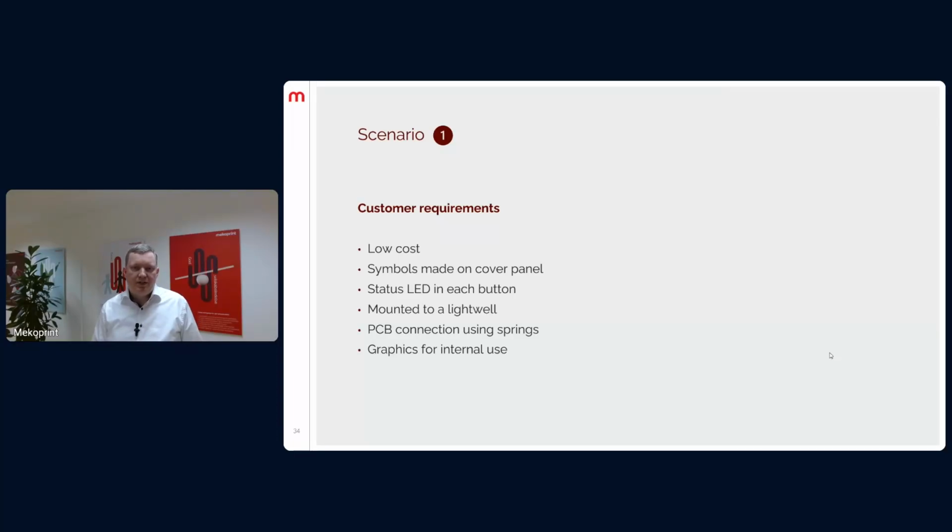The symbol definition of the user interface has to be made on the cover panel. They would like to have room for a status LED in each of the buttons. It has to mount to the light well using a double-sided adhesive. It connects to the PCB using springs, and they would like to have some graphics for their assembly line.